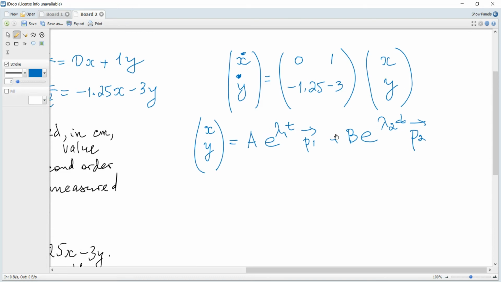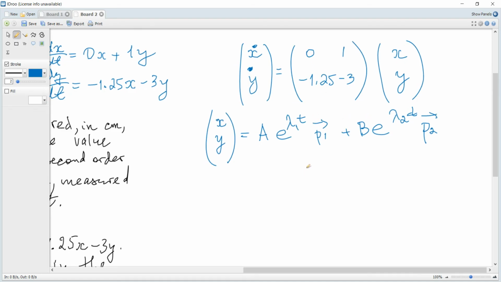That's why we need to find the eigenvalues and eigenvectors of this matrix.